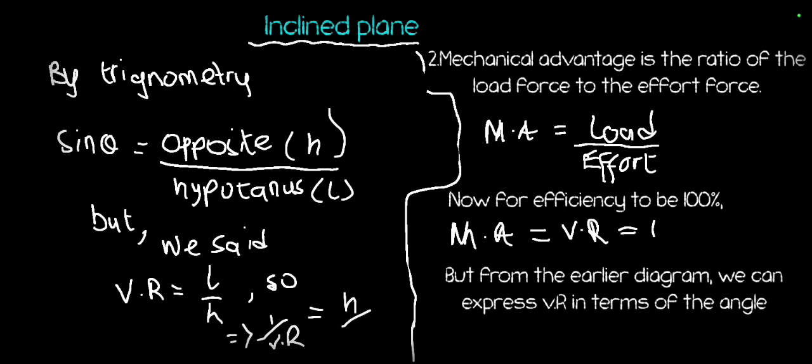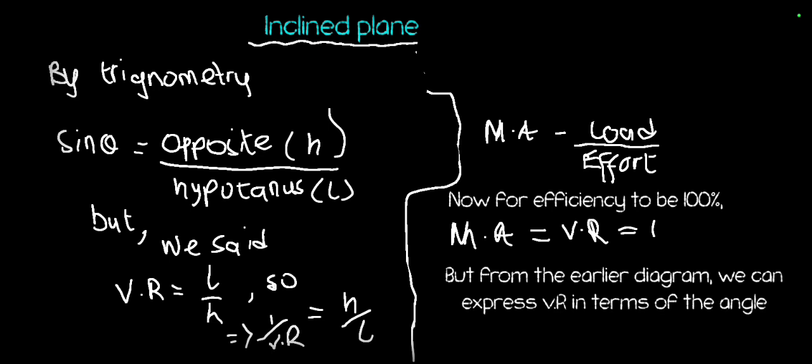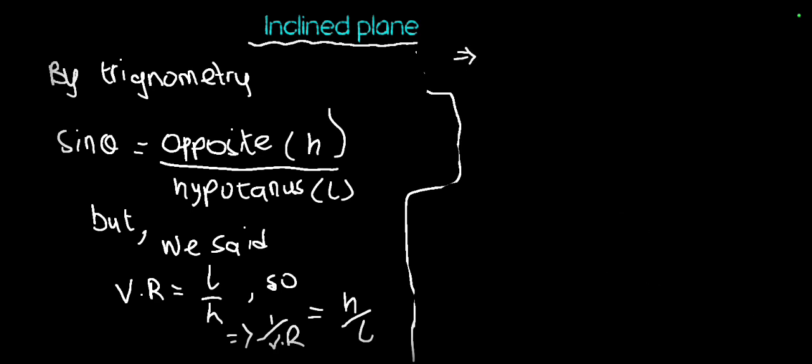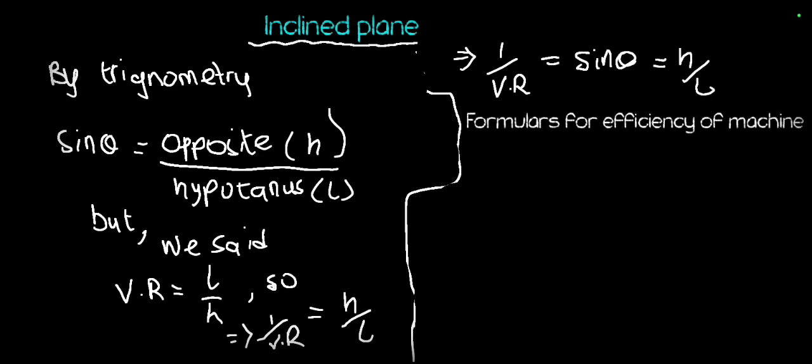So the inverse of the velocity ratio will be equal to height over length. You just reciprocate L over H to get H over L. That's the inverse of the velocity ratio. So from there you can say that the inverse of velocity ratio is equal to sine theta, which is equal to H over L.